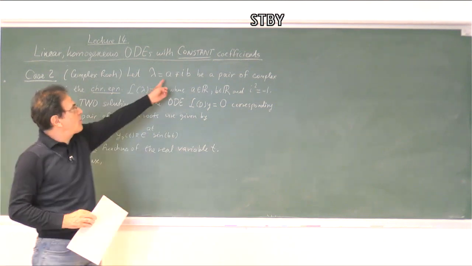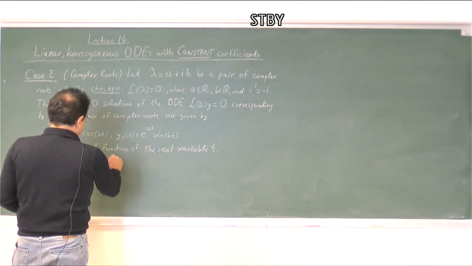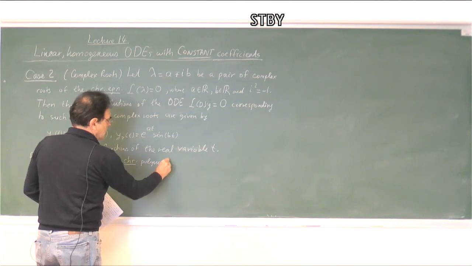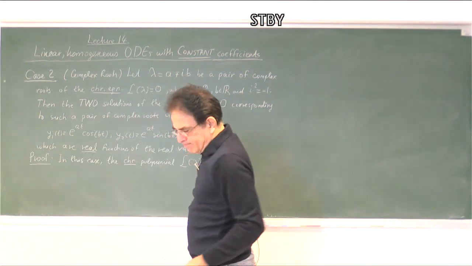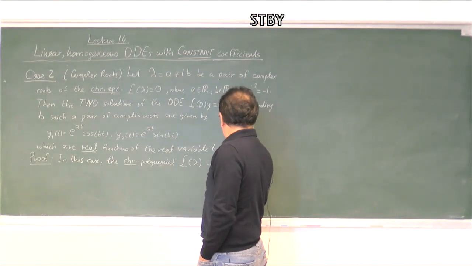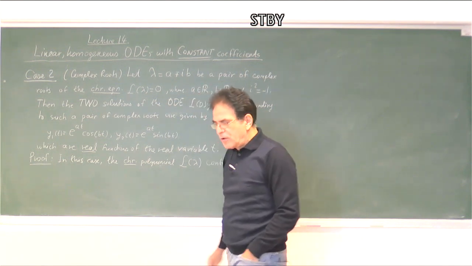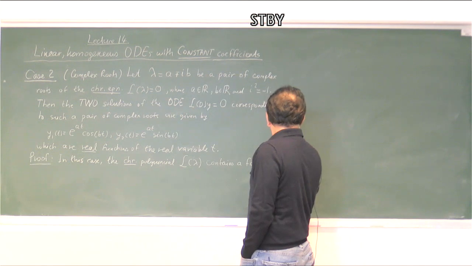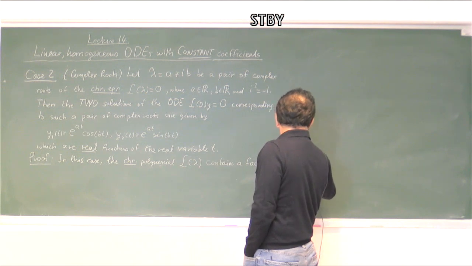In the case where the characteristic equation has a root like that, the characteristic polynomial L of lambda contains a factor, lambda minus a squared plus b squared.